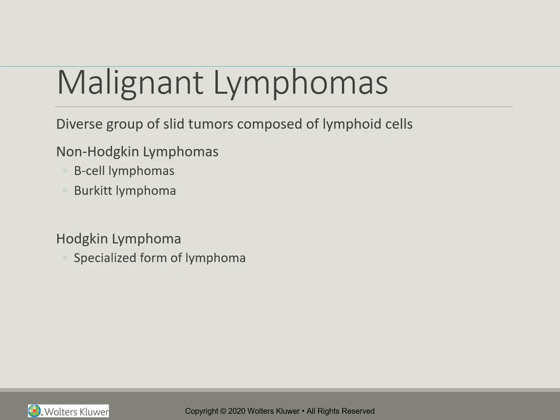There's also Burkitt lymphoma, which is largely caused by viral infections like Epstein-Barr. It's not a very common lymphoma in the US, but in many countries in Africa we do see high levels of Burkitt lymphoma. And then there's Hodgkin's lymphoma, which is a specialized form of lymphoma.